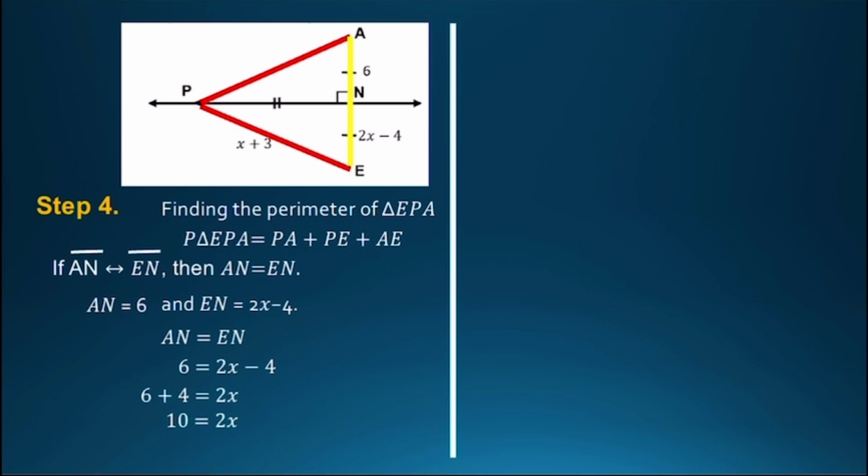After that, we apply the division property of equality. We're going to divide it by 2. So 2x divided by 2 is x, and 10 divided by 2 is 5. So we have now 5 is equal to x, or x is equal to 5.